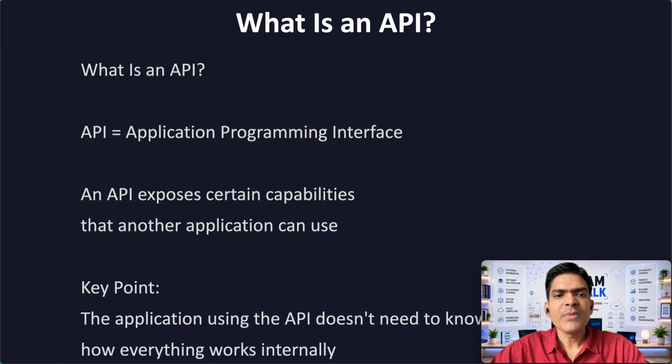For example, if I am building a mobile banking application and I need to make a payment, I do not need to know how the payment system stored every transaction internally. I just need to know how to communicate with the payment API.